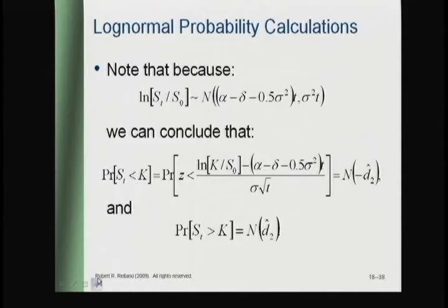So from this statement, we can at least express formulaically the probability that the stock price at time t is less than K. Now, K, you may recall, is the notation that we have tended to use for a strike price in a put or a call.